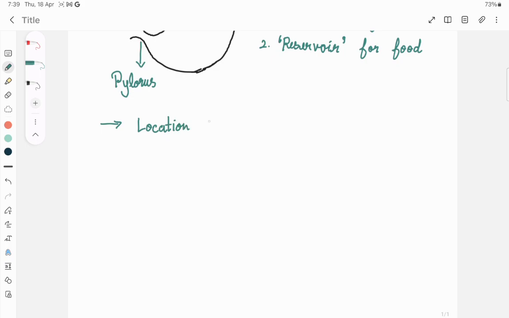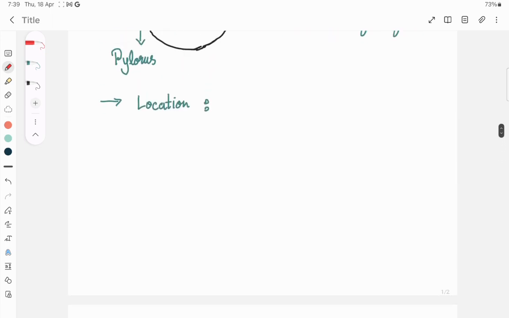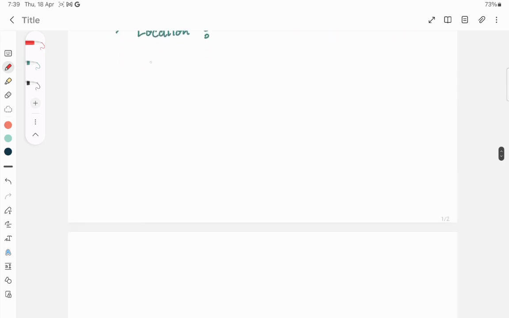Next we see the location. Where does it lie? Location is the upper and left part of the abdomen.